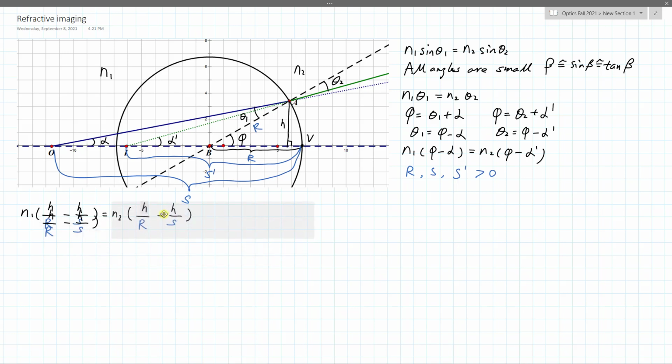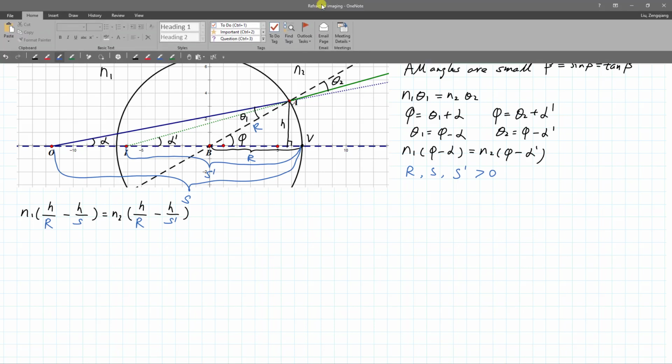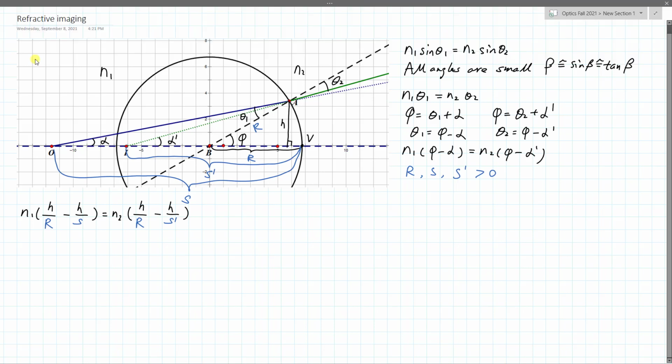Here all I have to do is put a prime here. So phi minus that. And everything has an h, so we can divide out h.